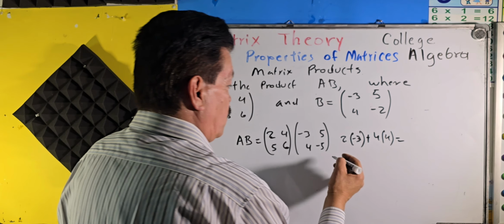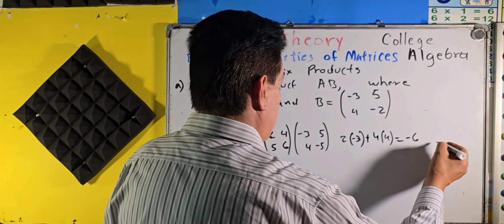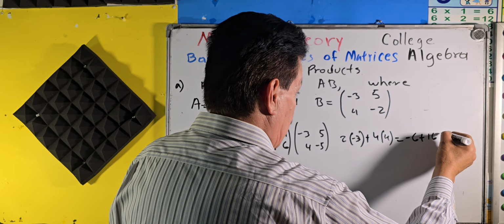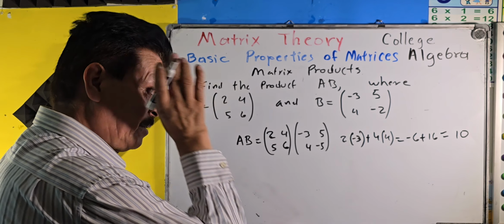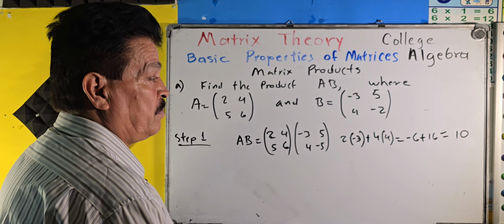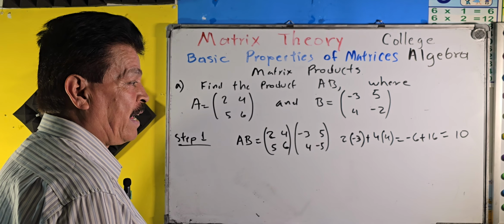So this equals negative 6 plus 16, so the answer is 10. Therefore 10 is the first row, first column entry of the product matrix AB.